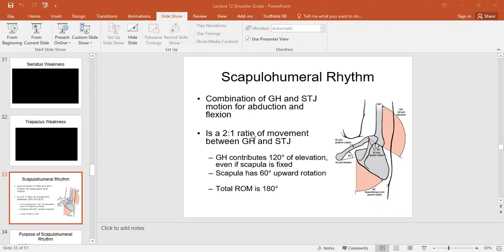Or maybe there's weakness in the traps, not allowing the coordinated motion of the scapula through that motion. Think about a chronic posture that may impact the ability of the scapula to move through its full available motion.